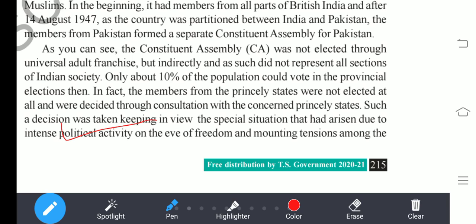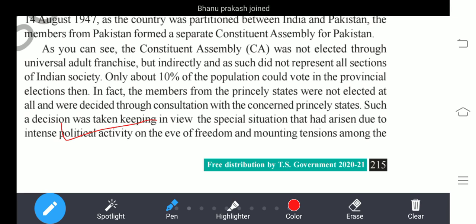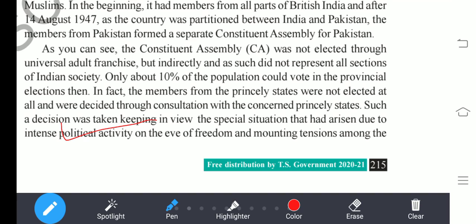So people in the princely states also wanted freedom from their princes. In that complicated and difficult situation, it was not possible to conduct elections to take the representatives from princely states to the Constituent Assembly. So they did the process of consultation to get the Constituent Assembly immediately, to prepare the constitution.